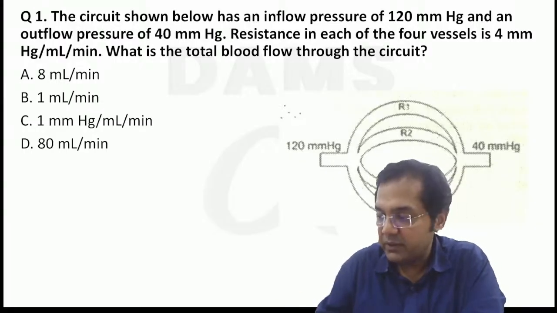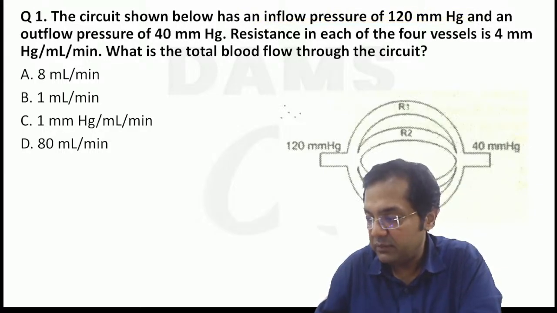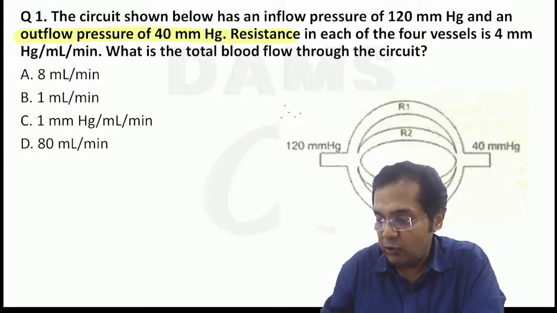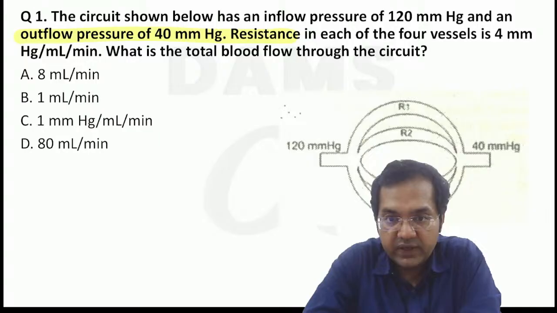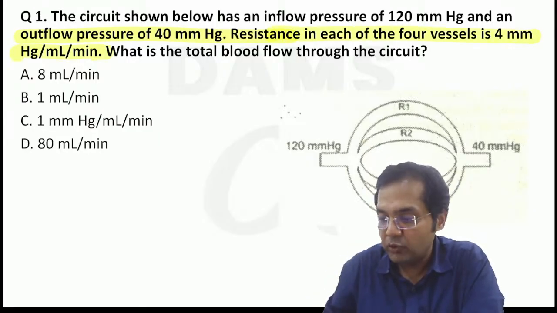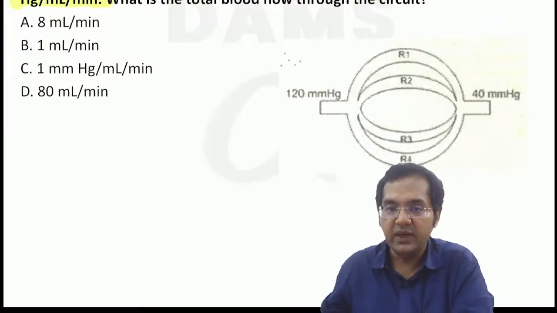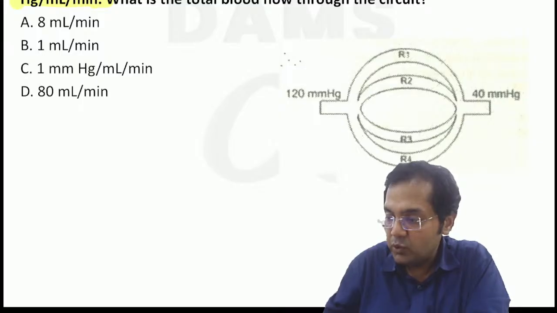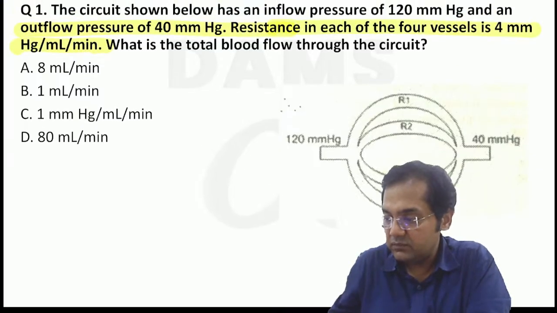The circuit below shows an inflow pressure of 120 millimeter Hg, right? So, inflow pressure is 120 millimeters of mercury and outflow pressure is 40. Remember, it is a good question because here we are discussing two concepts simultaneously. Resistance in each of the four vessels is 4 millimeter Hg per ml per minute, right? So what you have to do here is use a simple formula, which is, what do you have to find out?